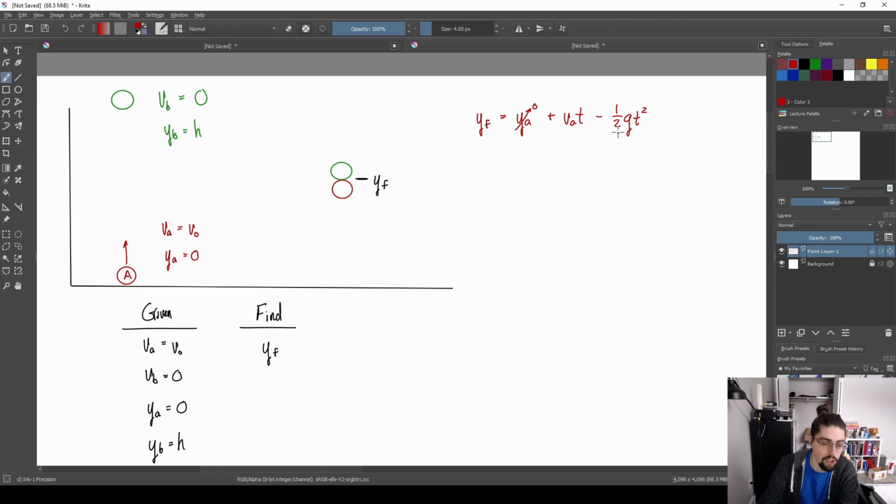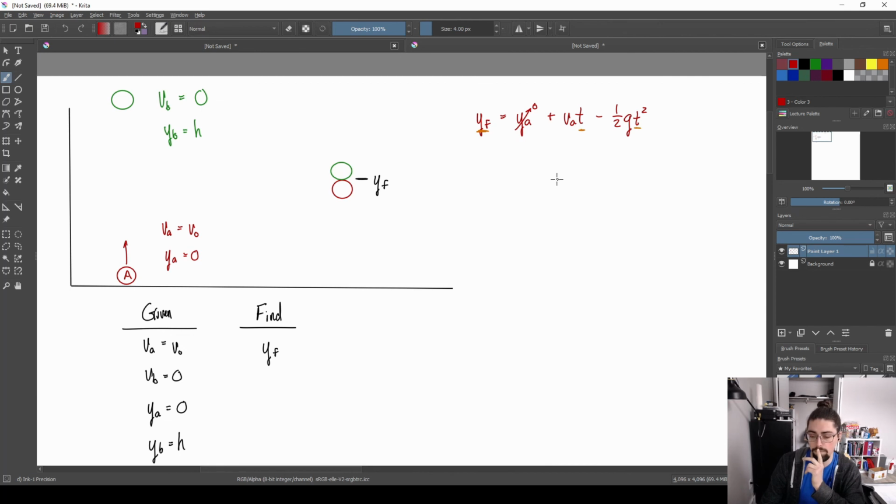That's my acceleration. Acceleration is a negative g, so that's where this minus is going to come from. Okay, I don't know y of f. I'm looking for it. I don't know t. Two variables, not solvable. The 1/2 is part of the kinematic equation. So that one didn't work.